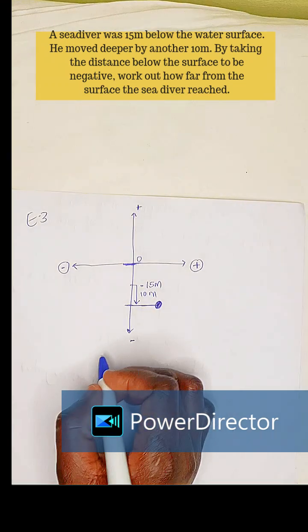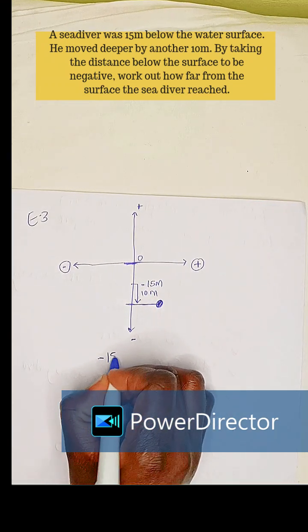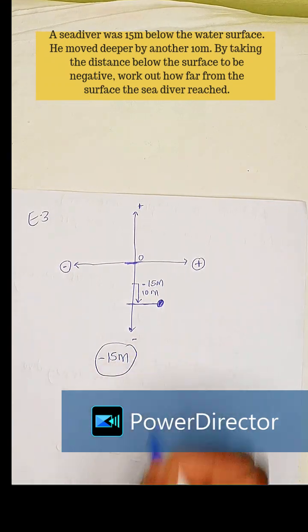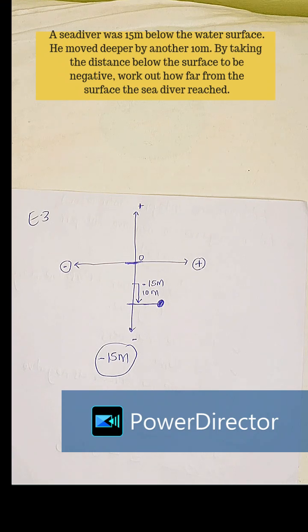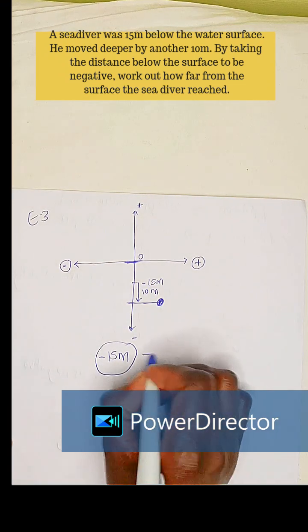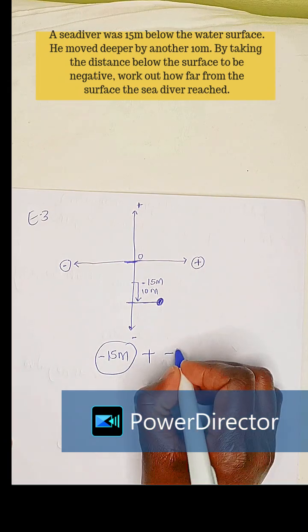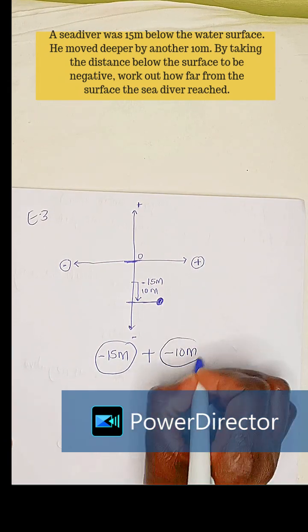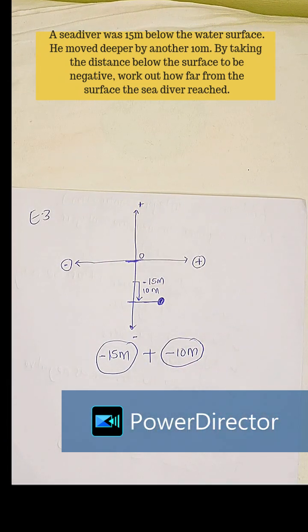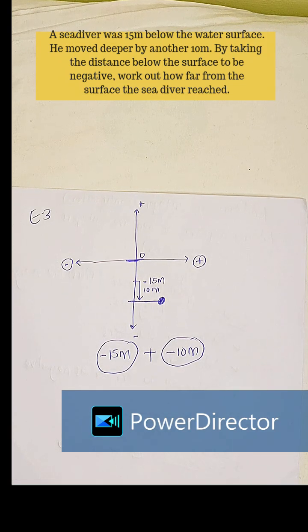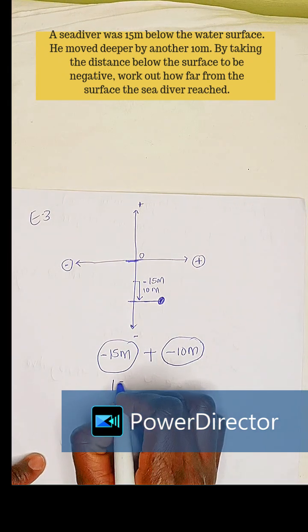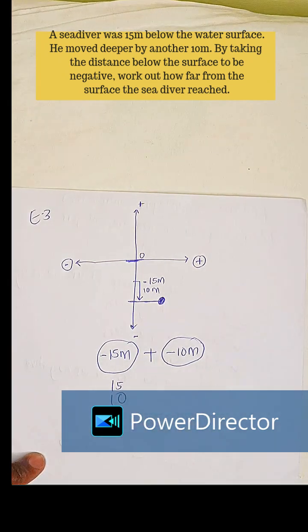Remember, he was first at negative 15 meters. He then moved deeper. He added the negative to another negative. Now we are going to add another negative 10 meters because he's still going downwards. And going downwards is negative. So, as usual, our number one step is we take the numbers 15 and 10.